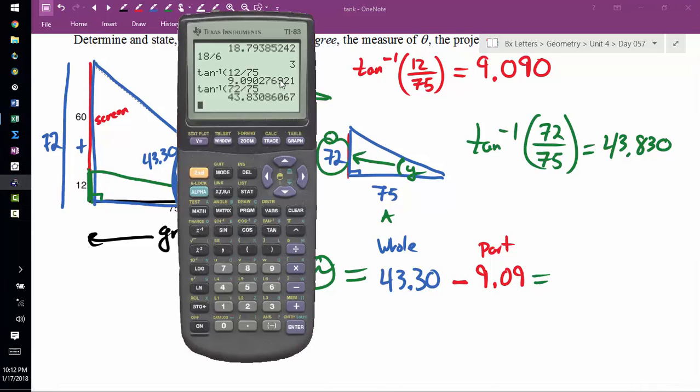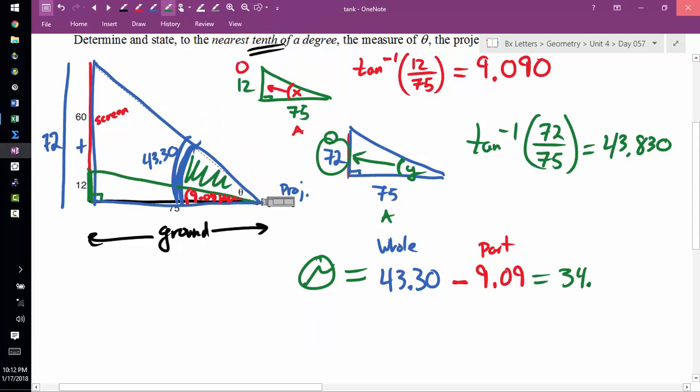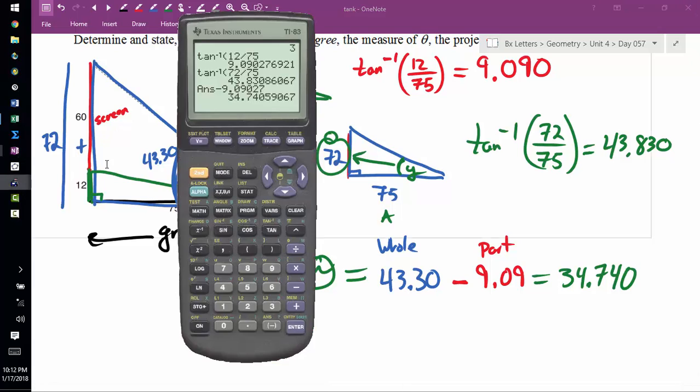So if I take that 43 point whatever into the calculator, and I subtract 9.09027, that's enough decimals, I'm going to get 34.740. I'm just going to verify that's correct.